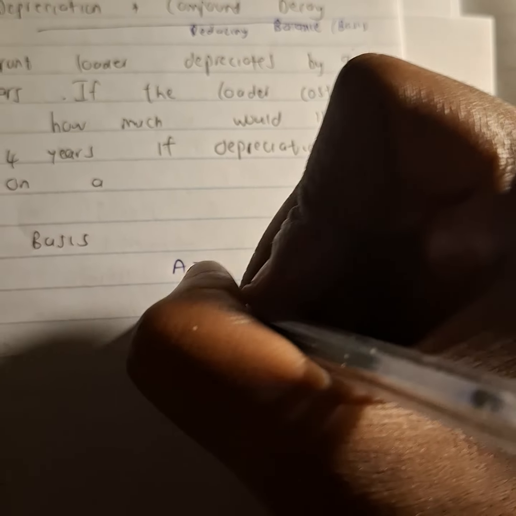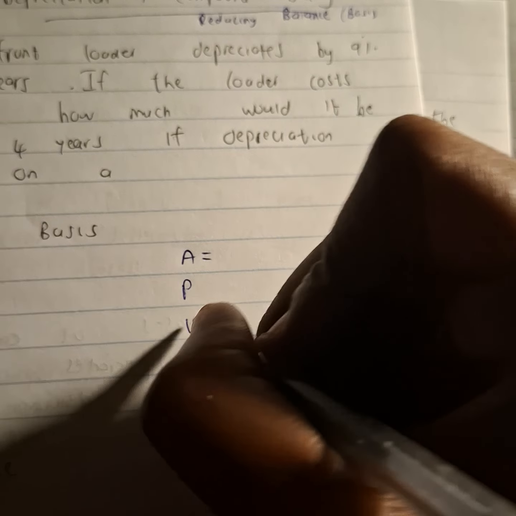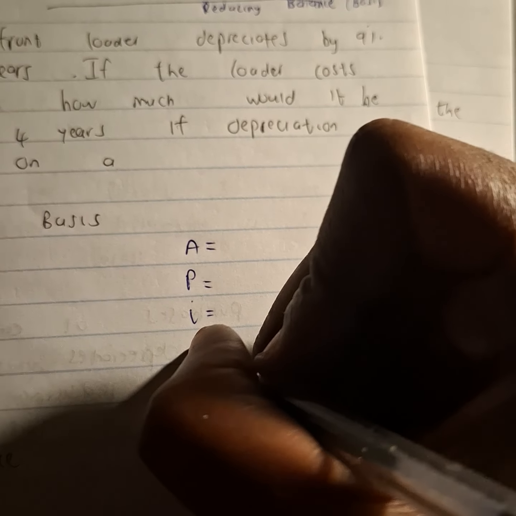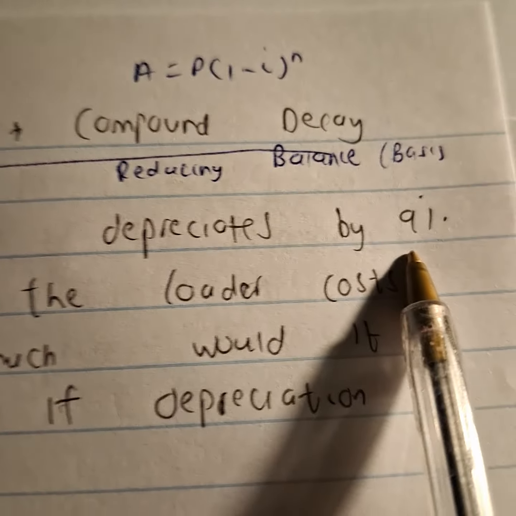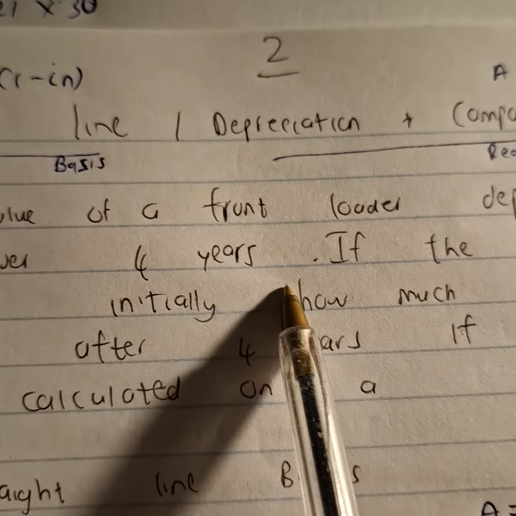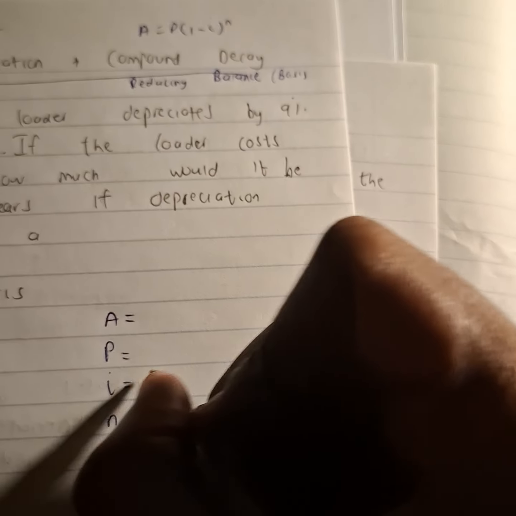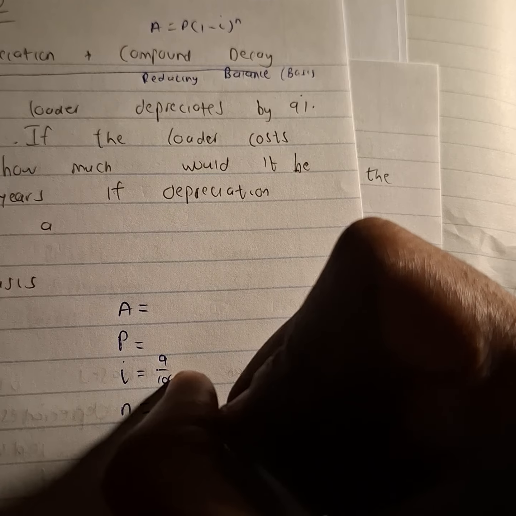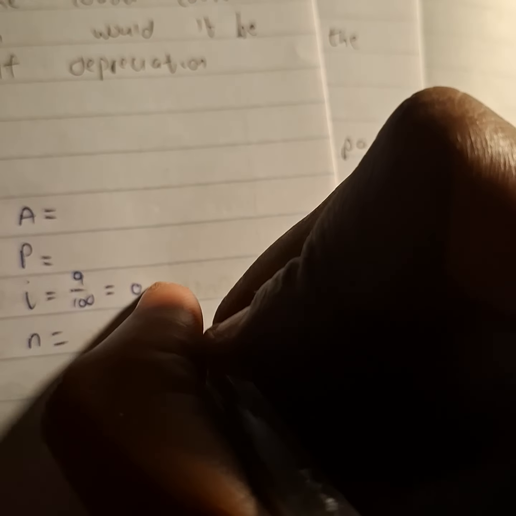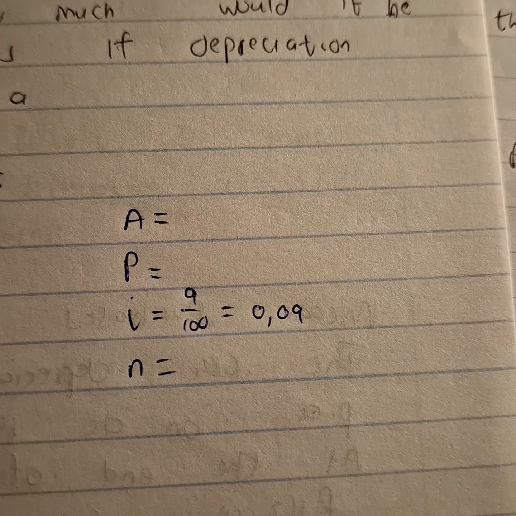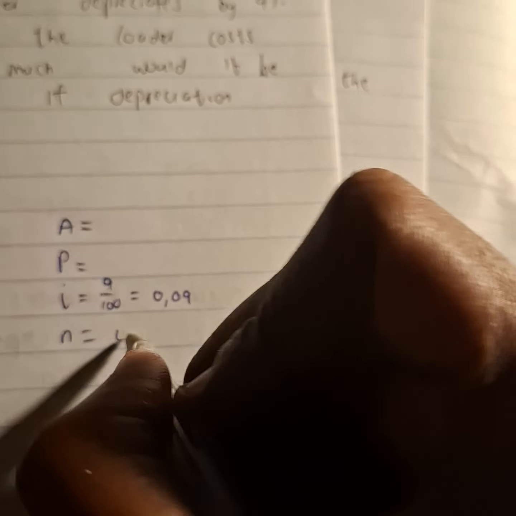Very important. Then you need to collect all your important variables: A, P, i, and n. It says the value of a front loader depreciates by 9% over 4 years. So 9% is the interest rate, but remember, i is the interest rate as a decimal number, so we take 9 and divide it by 100. n is 4 years.